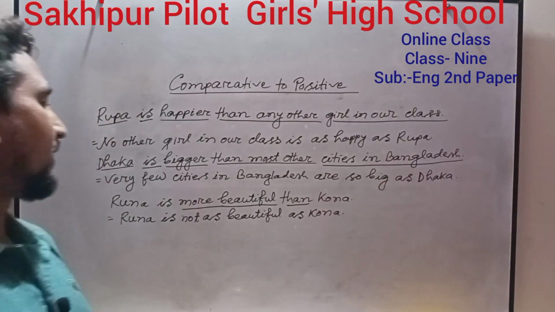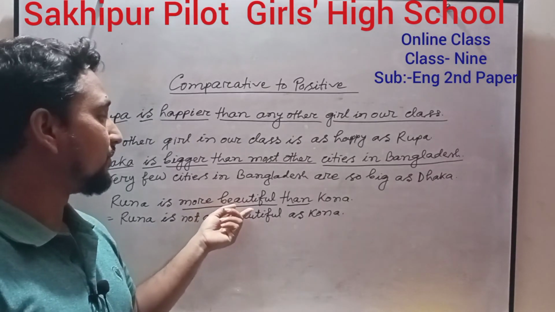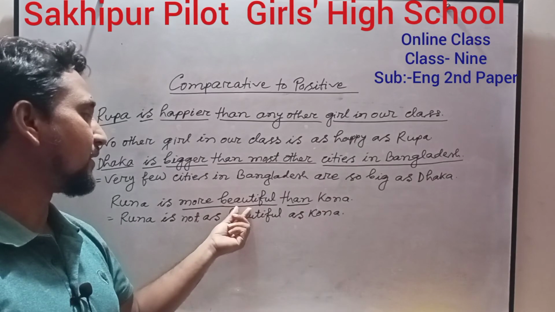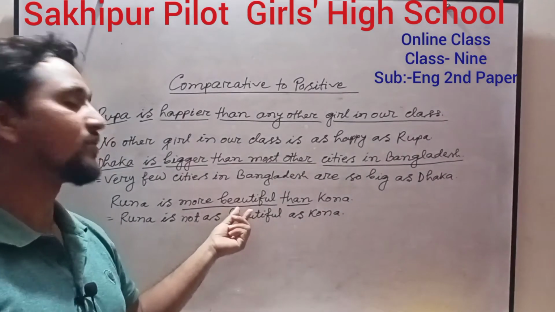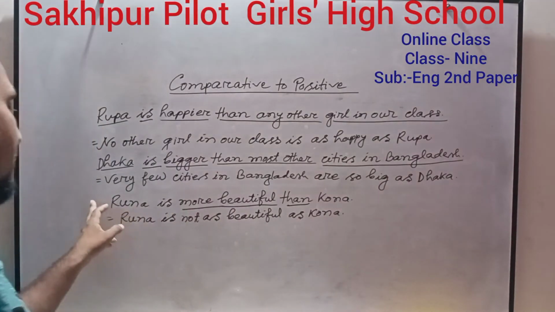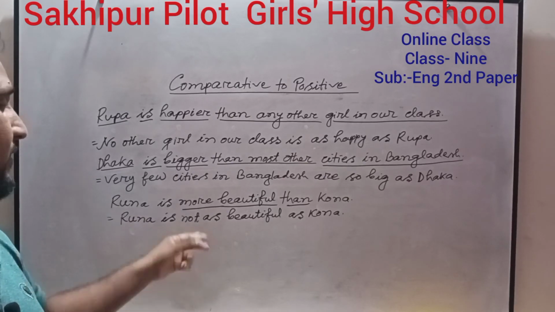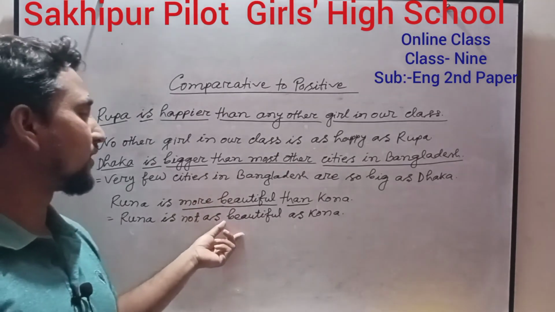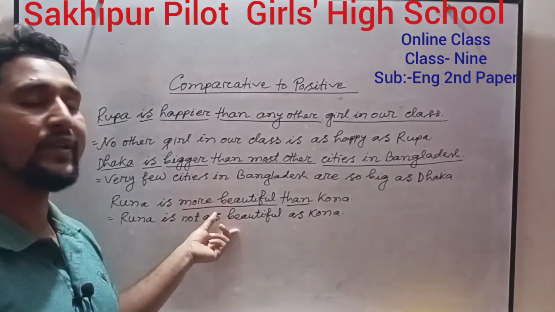You have to remember that if the comparative degree belongs to only "than" and the adjective is more than one syllable, more than monosyllable, then you have to change in this way. At first you have to write the subject and verb, and if this sentence is affirmative, the positive degree will be negative, and if this sentence is negative, the positive degree will be affirmative.